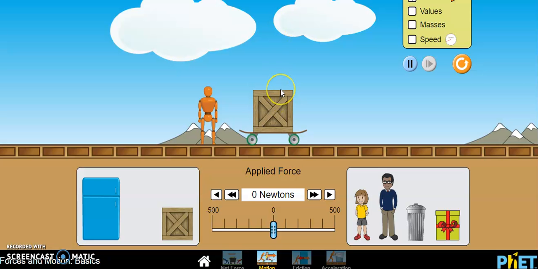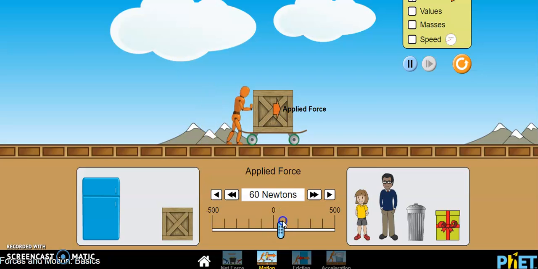Okay, guys, let's do this small experiment. I have an object at rest, as you see. What should I do to let this object start moving? Of course, we have to push it or pull it.